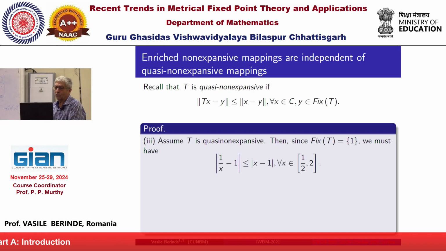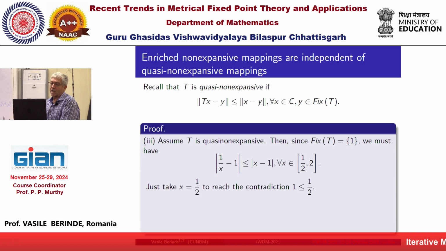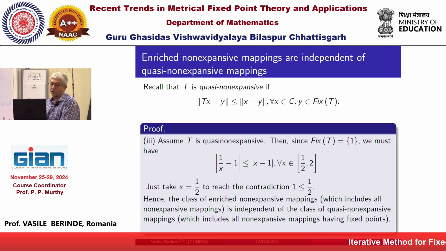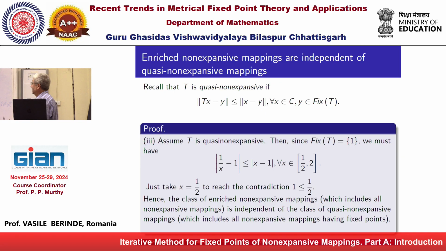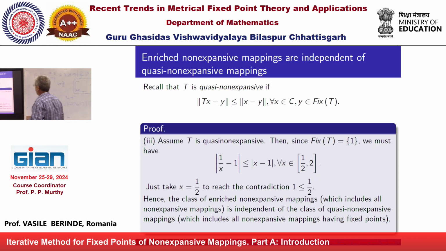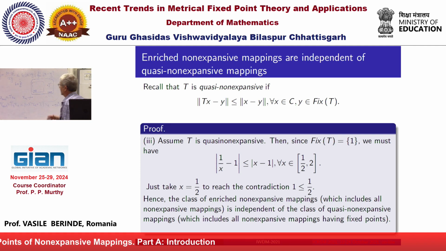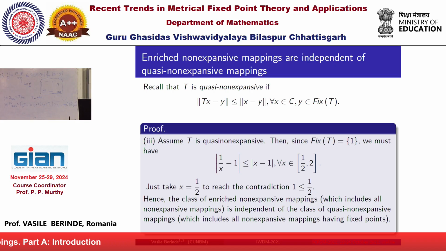And here is the proof. We assume T is quasi-non-expansive, and we get for x equal 1, y equal 1/2 the same contradiction. So the class of enriched non-expansive mappings, which includes all non-expansive mappings, is independent of the class of quasi-non-expansive mappings.